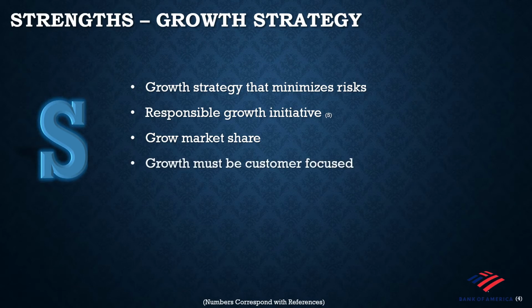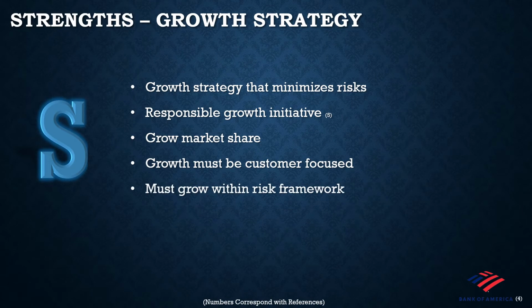This growth must be customer focused, understanding that at the core of the Bank of America business, the customer or the client, as they put it, is the number one factor in their success. Growth must be customer focused. And this growth must be contained within the risk framework.